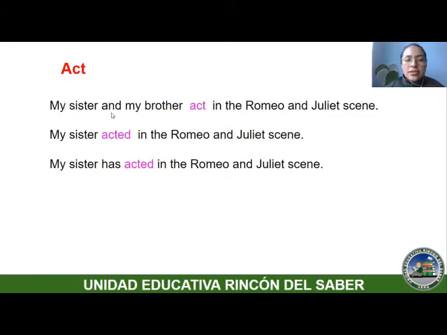My sister and my brother act in the... Continue with the reading, please. Very good. What is the verb in this sentence? Act. Very good. El verbo en esta oración es act. What is act? Excellent. Very good.